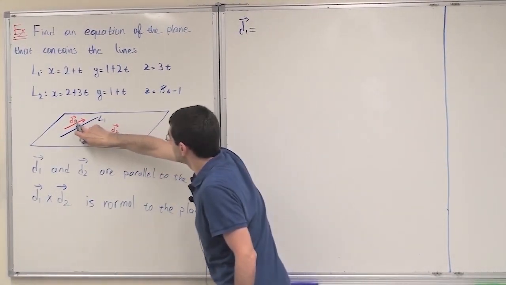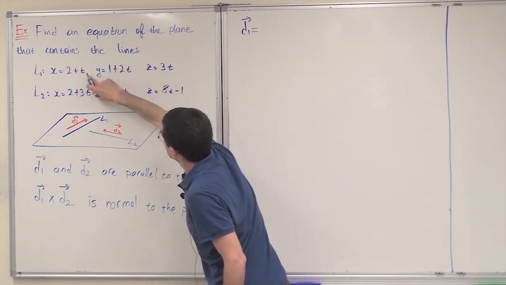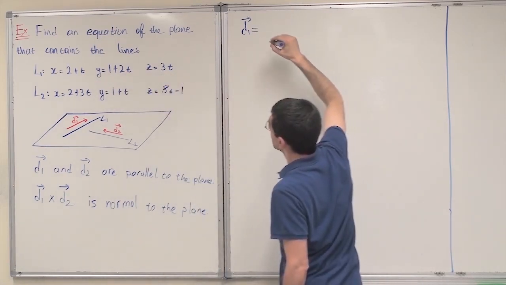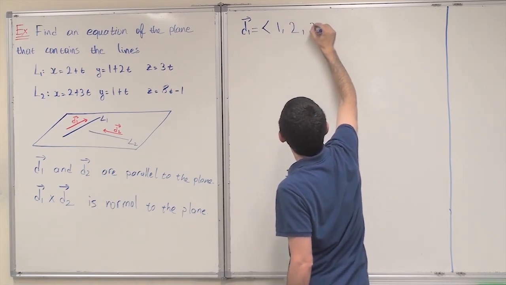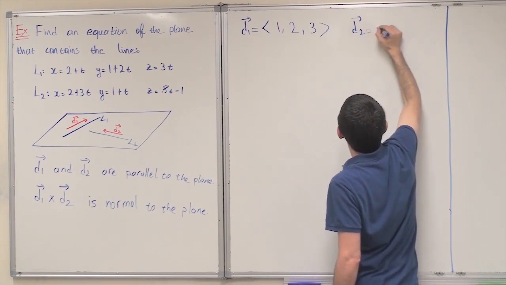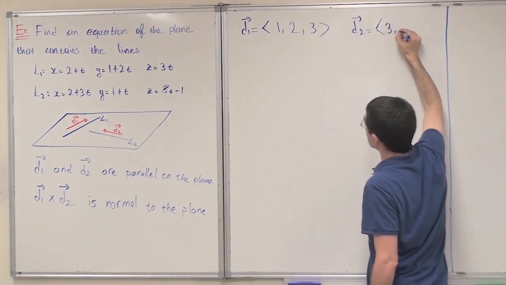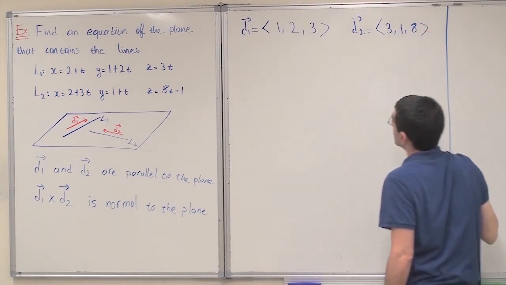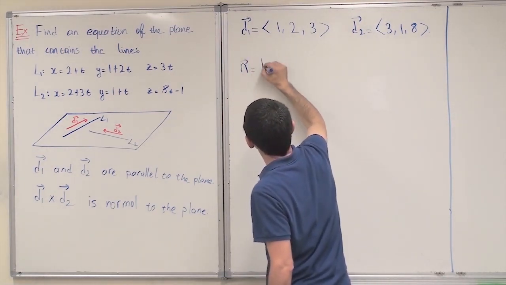The components of the direction vector of line 1 are the coefficients of the parameters in line 1. So it is 1, 2, and 3. The components of the direction vector of line 2, from the coefficients of the parameters in line 2, are 3, 1, and 8. So the cross product is going to be the normal vector.